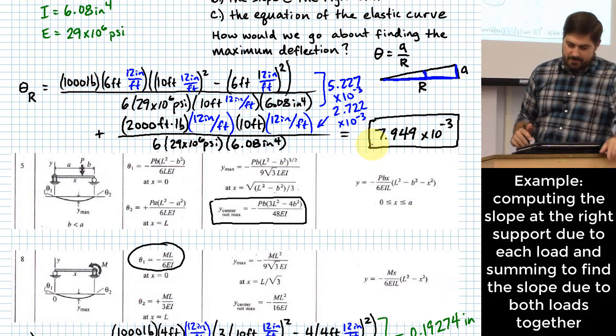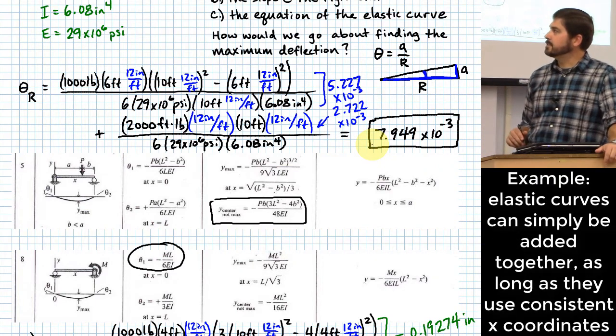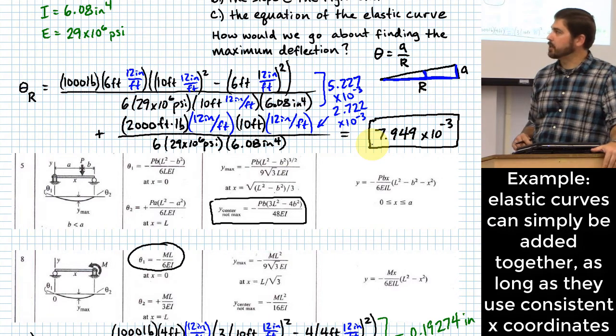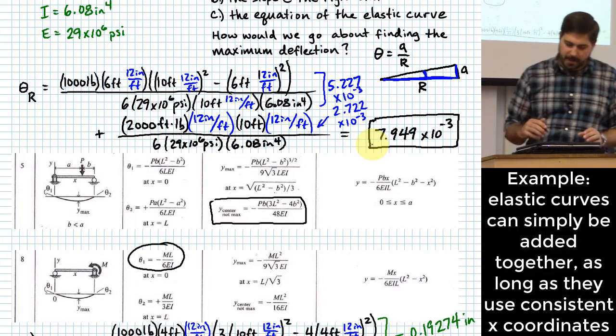All right. The next one's actually easier, believe it or not. We need to find the equation of the elastic curve. And there's really only one tricky thing about this.